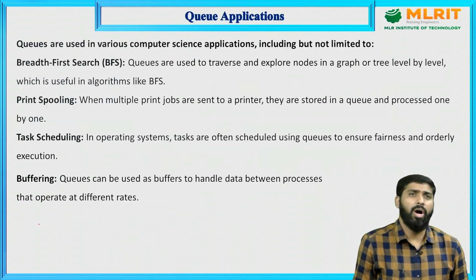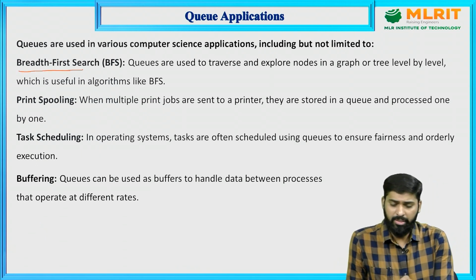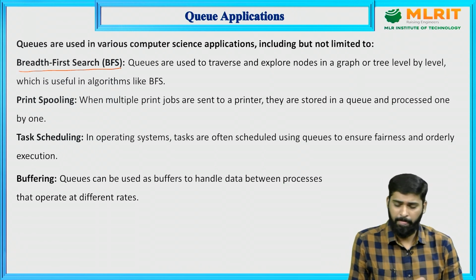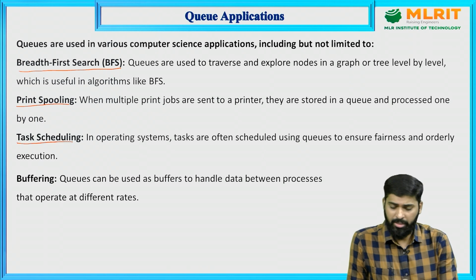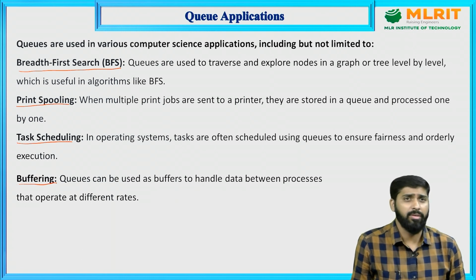So what are the queue applications? Why do we learn queue? One is the BFS algorithm, print spooling, task scheduling and buffering. BFS is an algorithm in which we use the queue data structure.